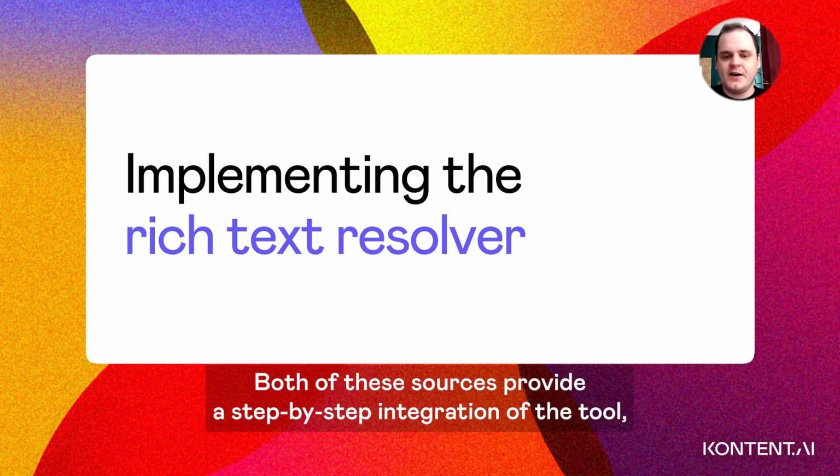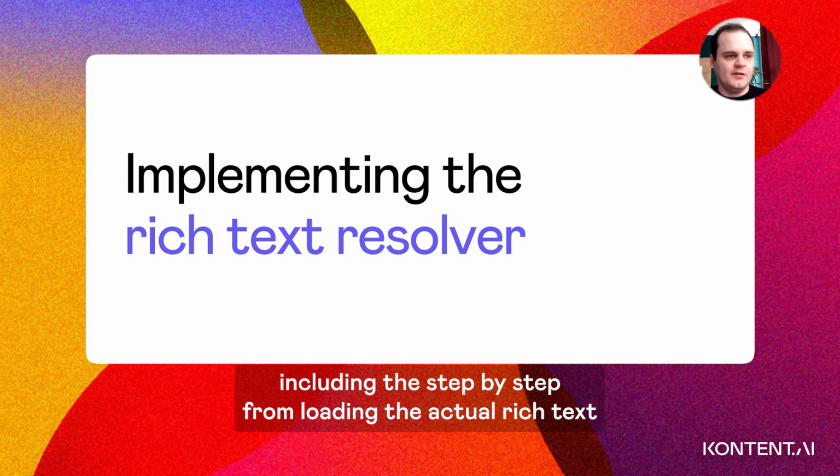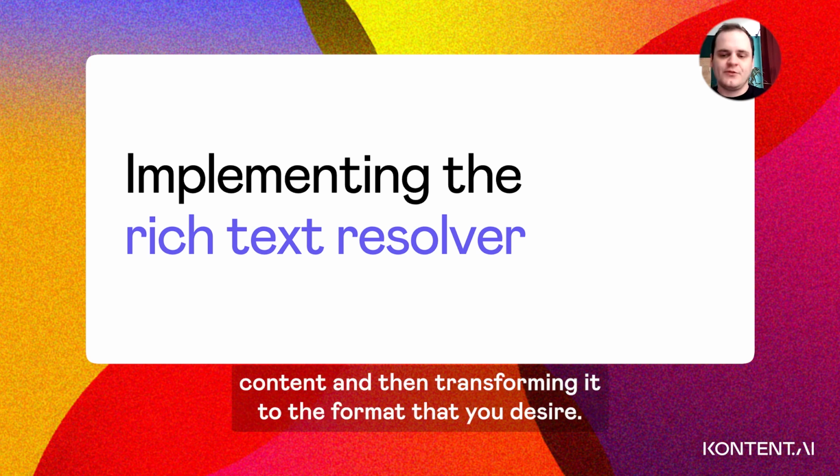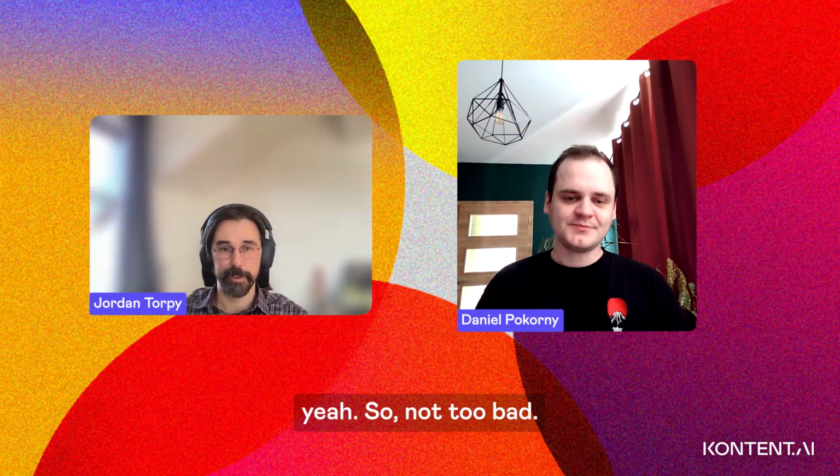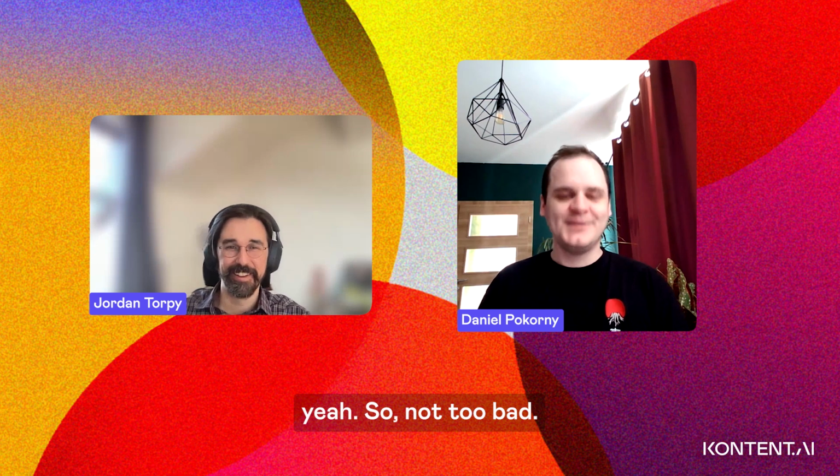Both of these sources provide step-by-step integration of the tool, from loading the actual rich text content, and then transforming it to the format you desire. So that's the process. Great. Yeah. So not too bad.